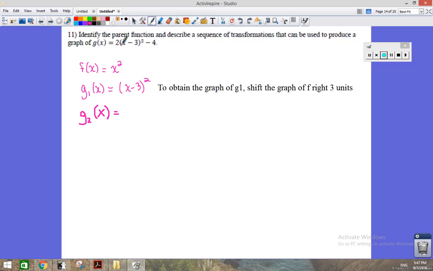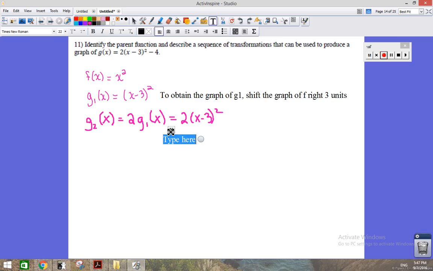That's a vertical stretch by a factor of 2. So when I take 2 times this previous function, G1, which we can write as 2 times the quantity x minus 3 squared, let's describe what the graph would look like.